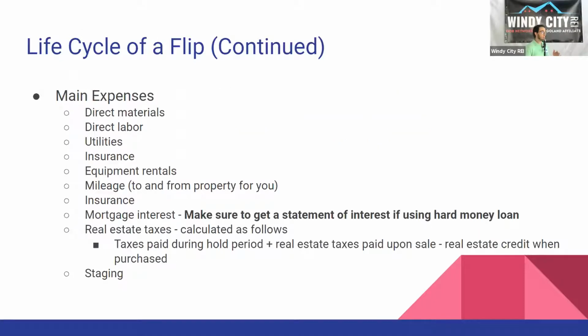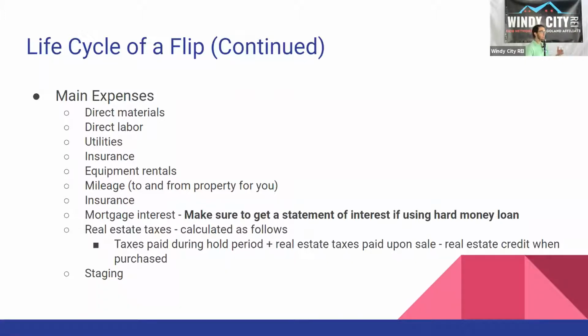So the main expenses, and again, this is not an exhaustive list, but it's something to at least look at here. Any materials, labor, utilities, insurance, any equipment rentals if you're doing a pretty big rehab, any mileage to and from the property, any insurance that you incur, and then mortgage interest. I know it's pretty common to use hard money loans to get these.